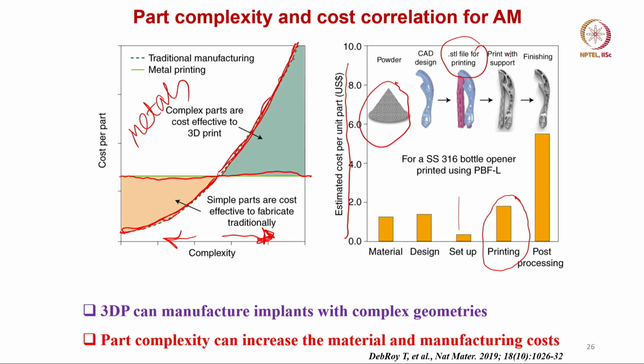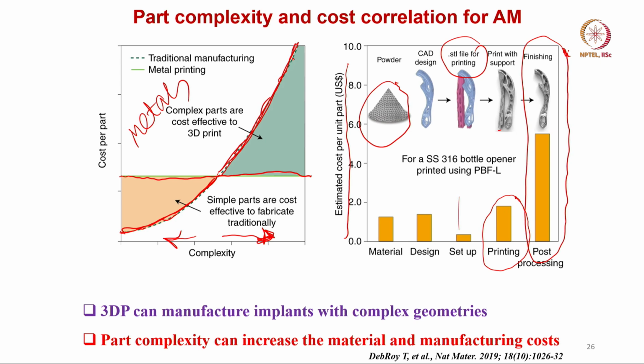Then print with support and finishing. Now, what you notice is that post processing, the finishing part, actually costs much higher than the printing. In fact, if you add material cost plus printing cost plus design cost, I think it will be roughly similar in cost per part to that of the post processing.